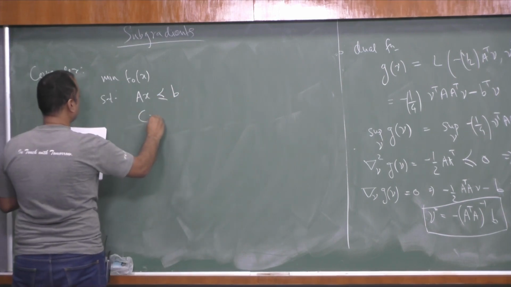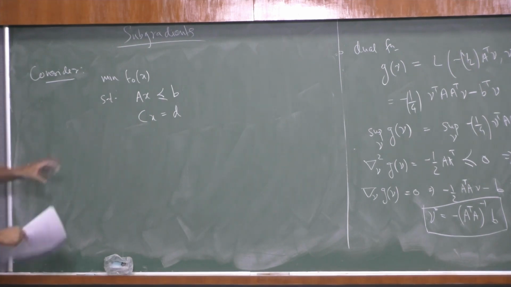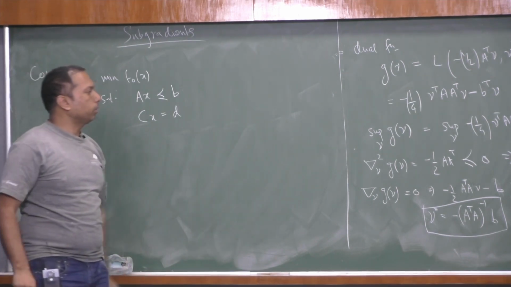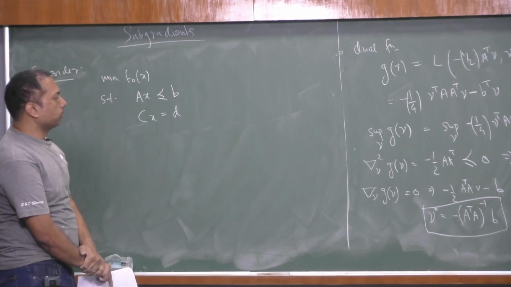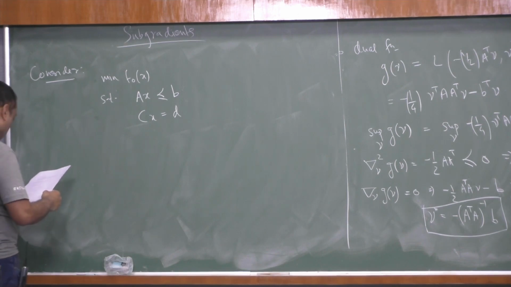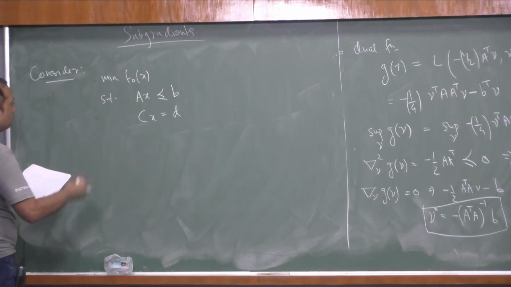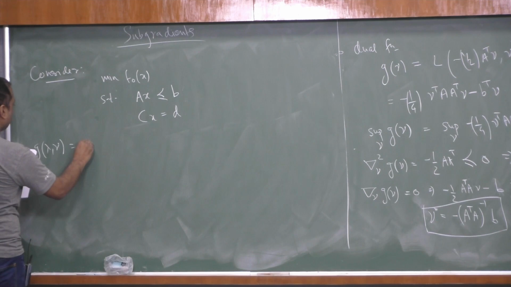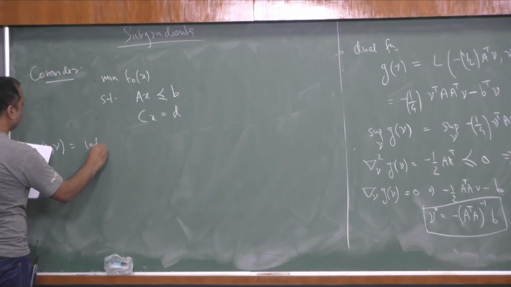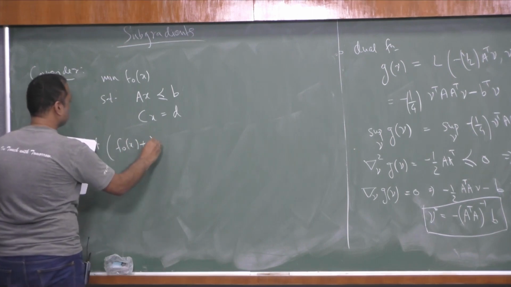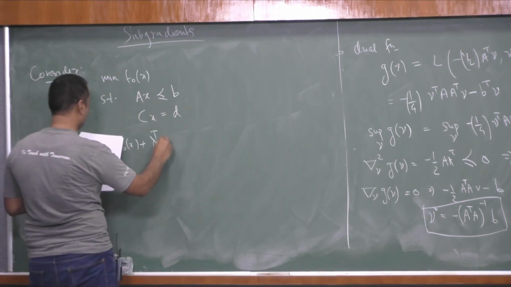Subject to A x less than or equal to b, and C x equals d. So let us say we want to solve this more interesting optimization problem, and then I want to know how can I involve, engage f star, right? So let us see. G lambda nu we can write, Lagrangian also we know, so we can straight away write G lambda nu, which is the infimum of the Lagrangian, which is f naught x plus lambda transpose, which goes with the inequality constraint.